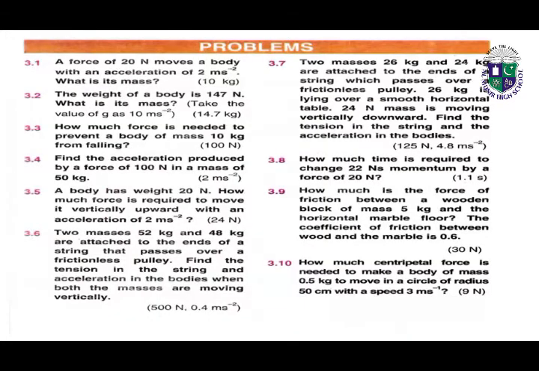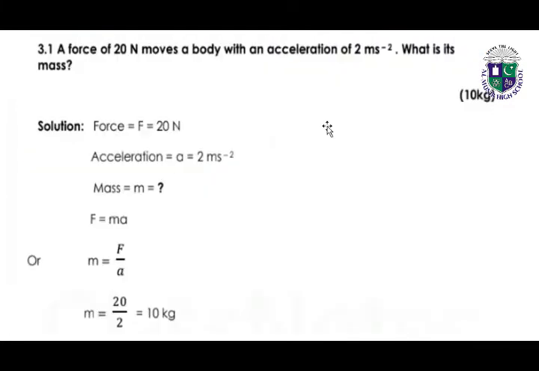Next, students, we have the numericals 3.1 to 3.10. Look at the statements of all numericals and their solutions. Numerical number 1: a force of 20 Newton moves a body with an acceleration of 2 meter per second square.